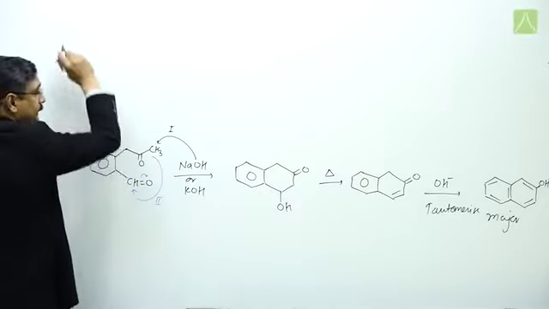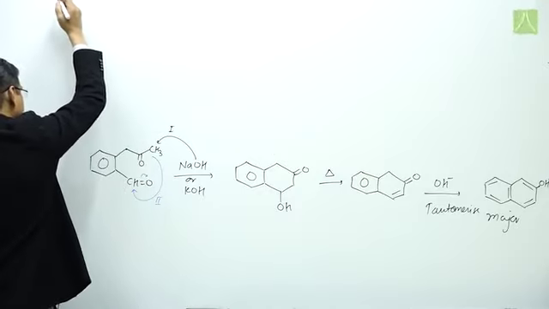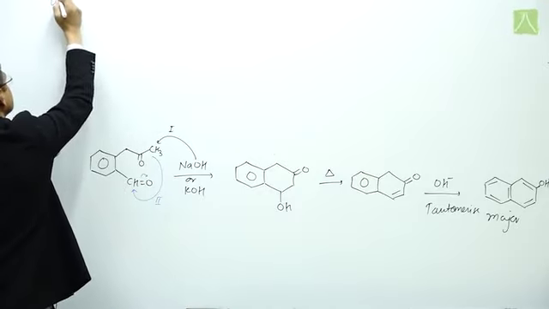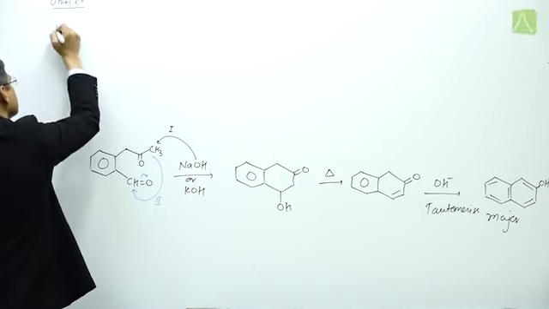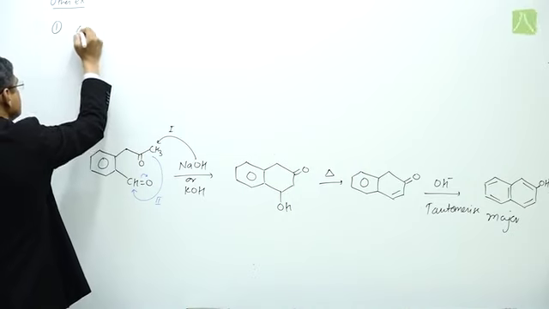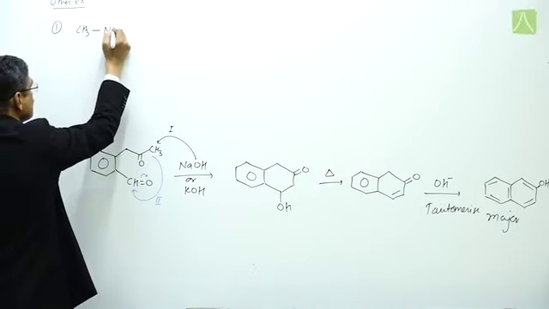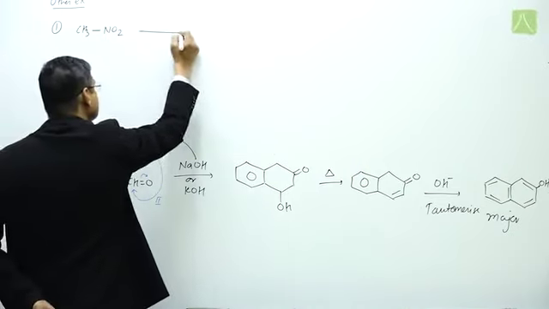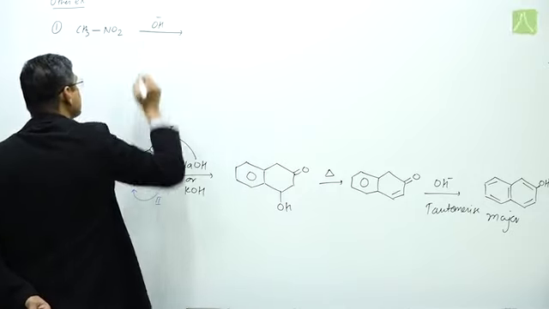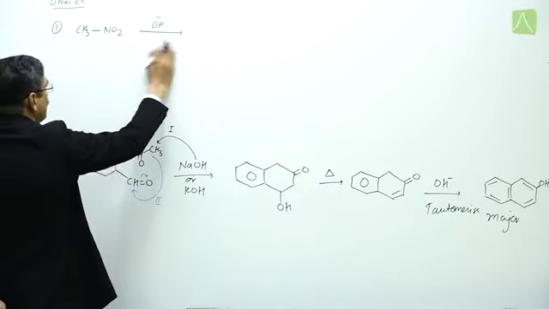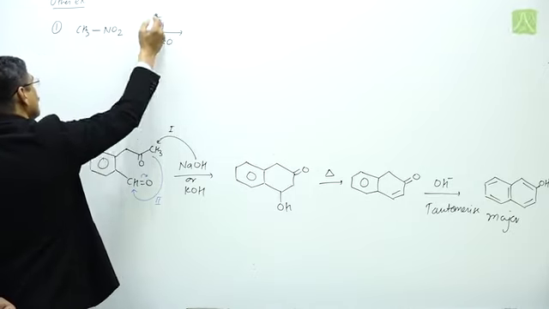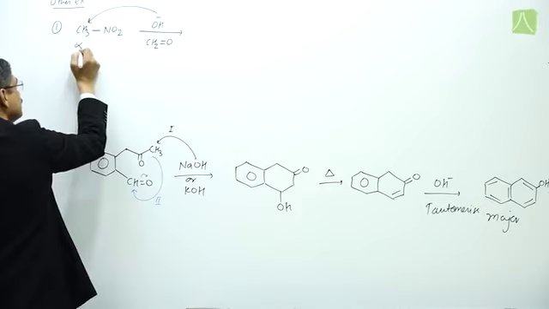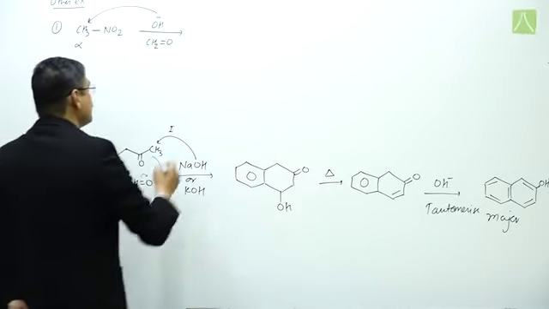Now some other examples. First example, CH3NO2 in basic medium on reaction with, suppose, formaldehyde. This alpha H is removed because it is more acidic than the carbonyl compound.